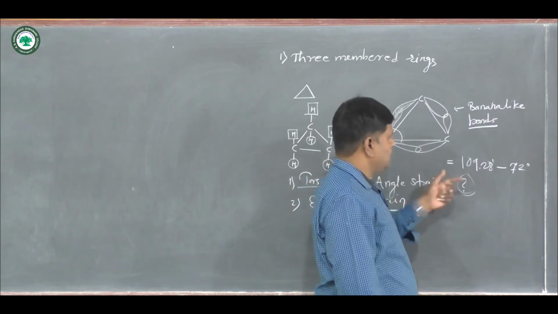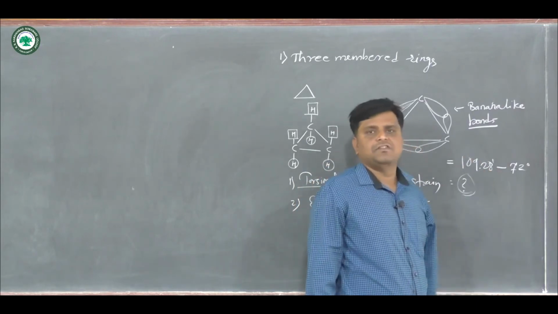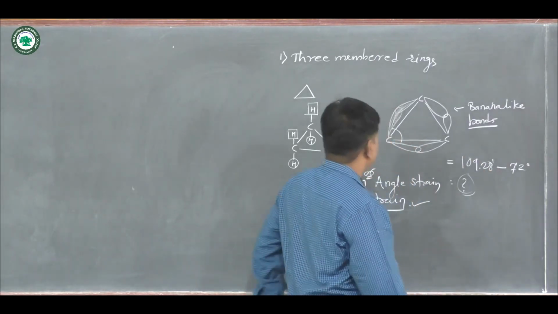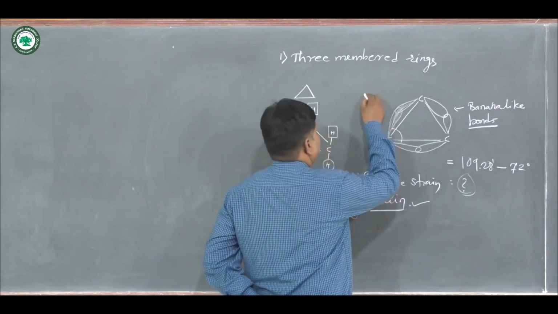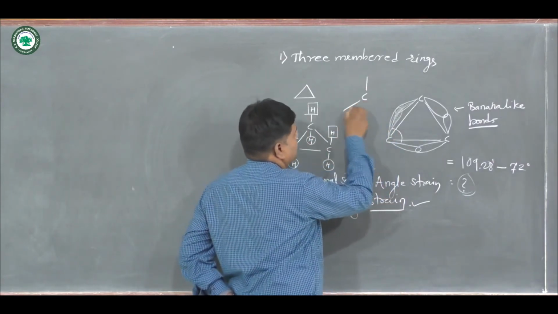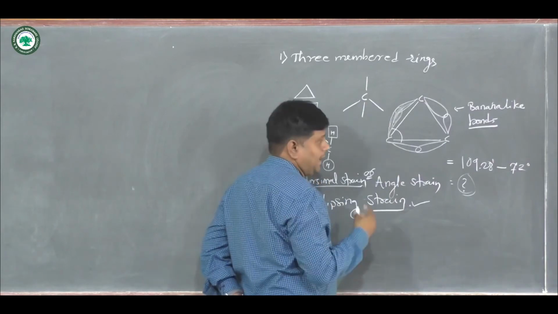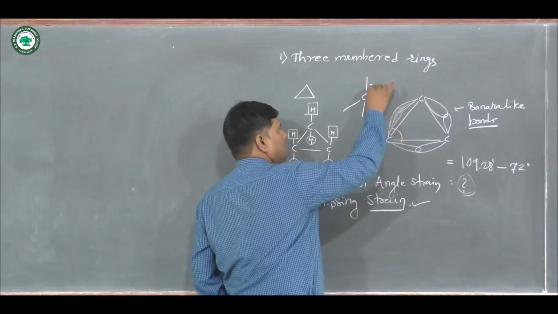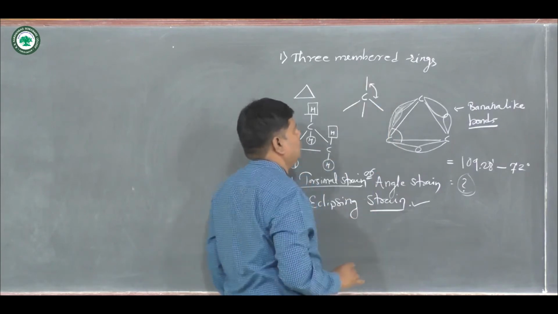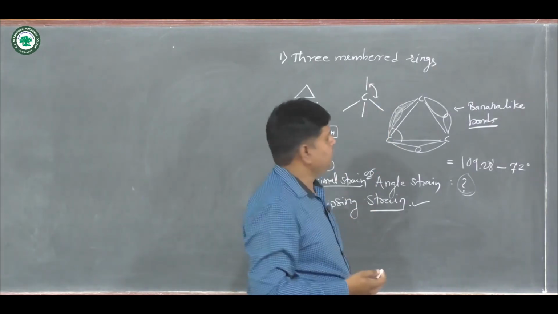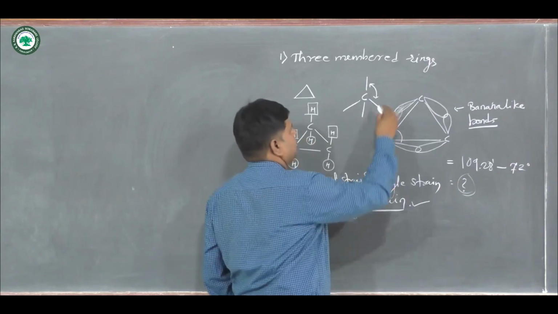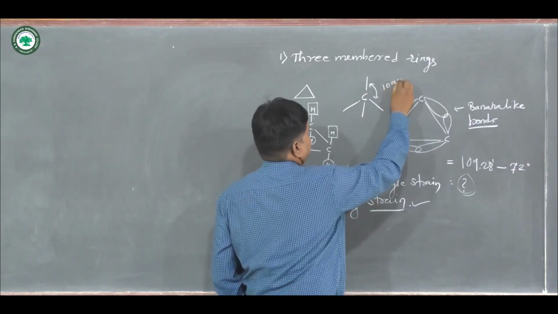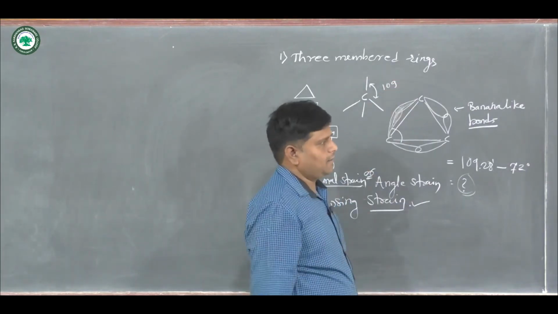Okay, why do we choose this value, 109.28 degrees? Because the angle between the four bonds present on the carbon atom is 109.28 degrees.